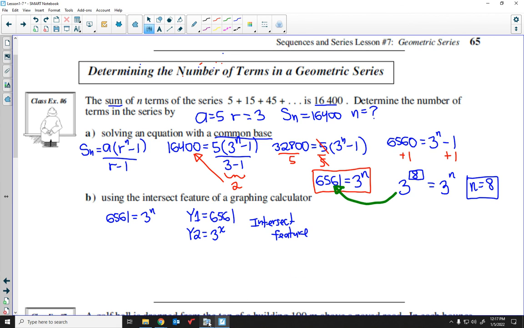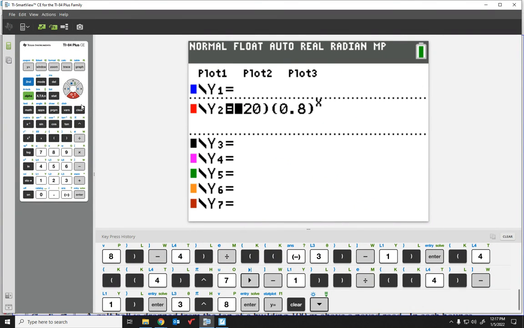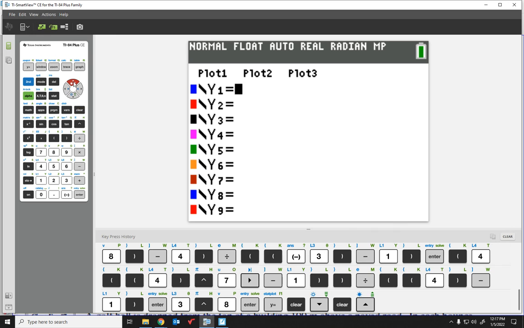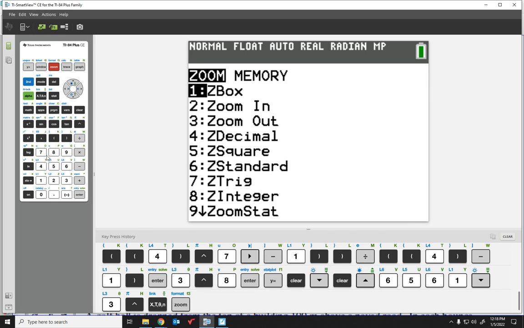Okay, so let's go to the graphing calculator and do this. Let's clear our old equations. So y1, we're going to plug in 6561. Y2, we're going to plug in 3 to the power of x. Let's go zoom standard.